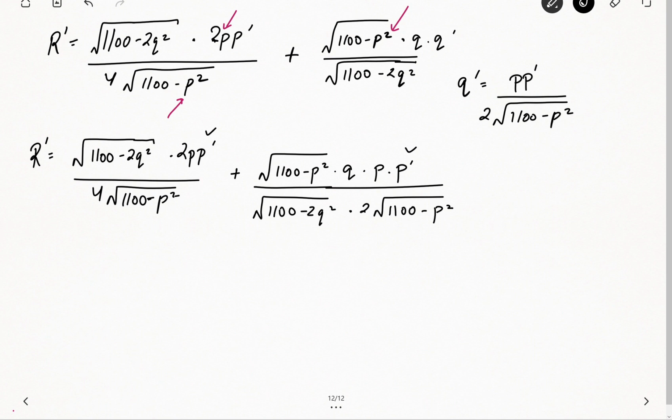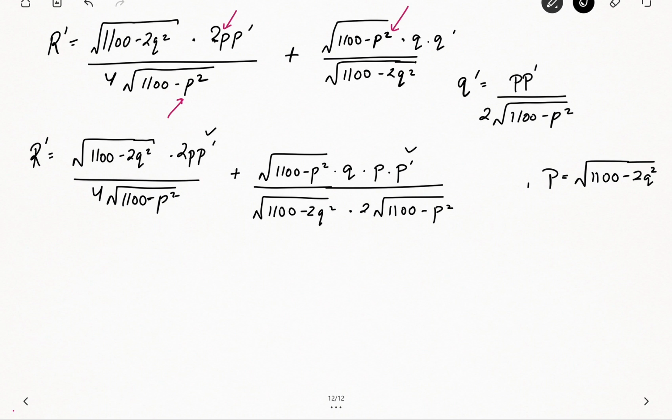One thing I want to make sure is I replace all of them. So we figured out that p is just going to be, I'm just going to write it down here on the side. So p is just a square root of 1100 minus 2q squared. So I'm going to replace those p's wherever possible and turn this expression all into that form.